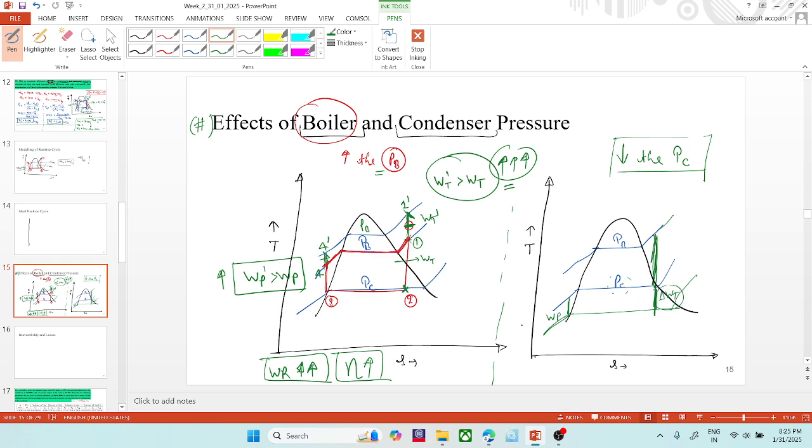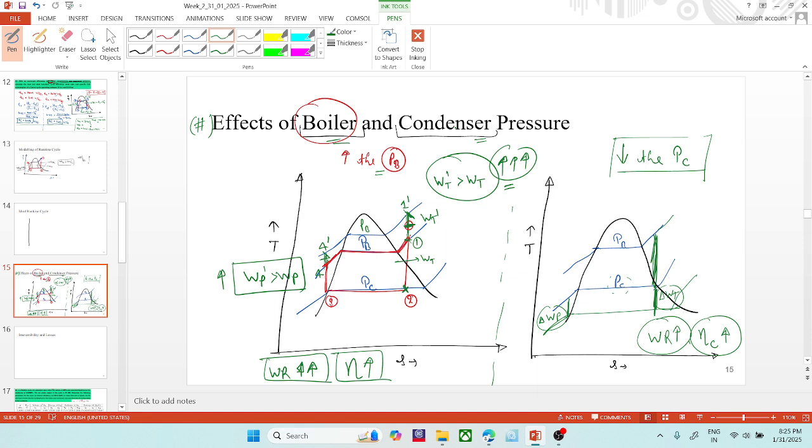But this turbine work increment would be far more than this, so that in this case also the work ratio and the efficiency would be increased. So our aim is to run the plant at as high a boiler pressure and as low a condenser pressure as possible. So these are two design aspects. And I don't think we have covered more than that in these lectures. Yeah, the effect of boiler and condenser pressure.